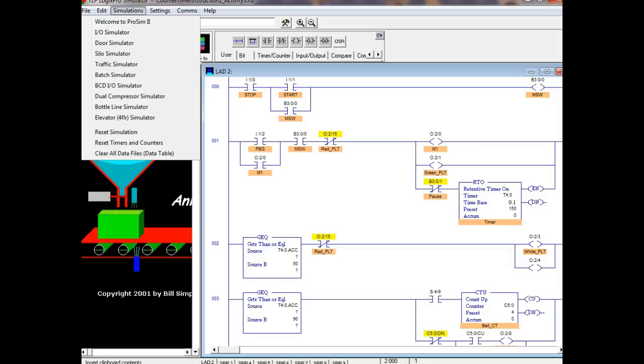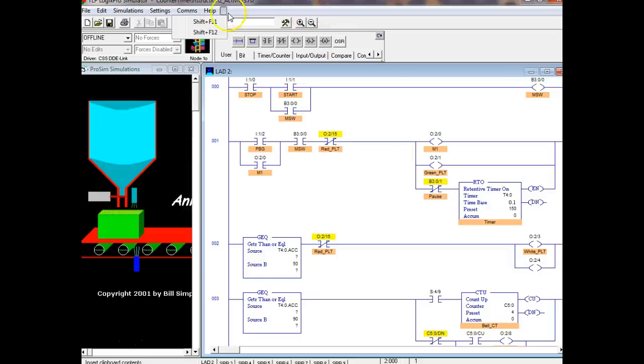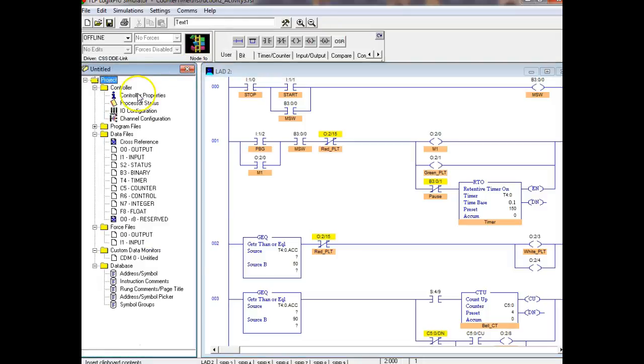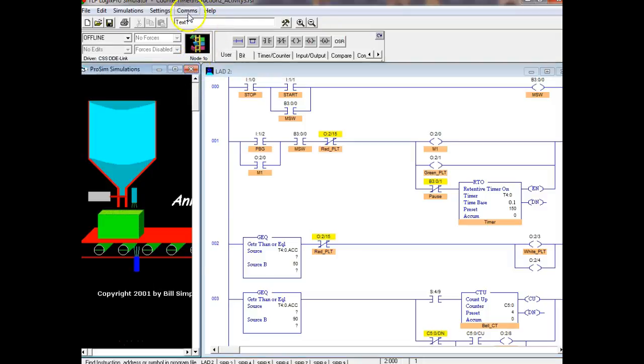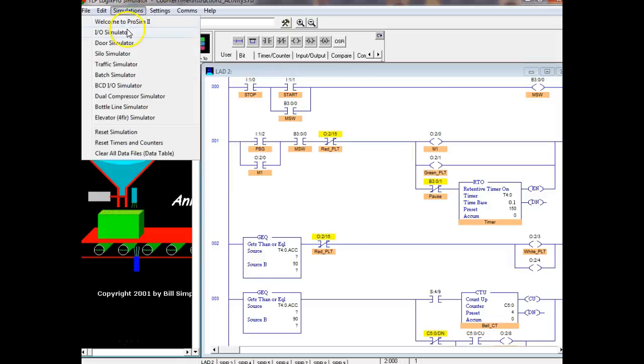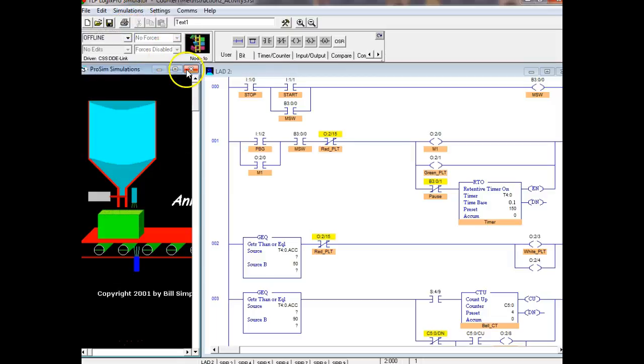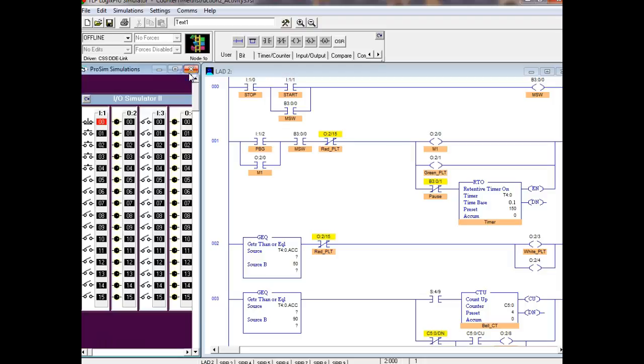Yeah, we had one guy in our class last time that tried to figure out how many things he could put on a single rung. So we could literally do this whole thing on a single rung.